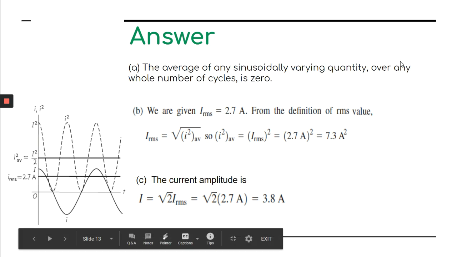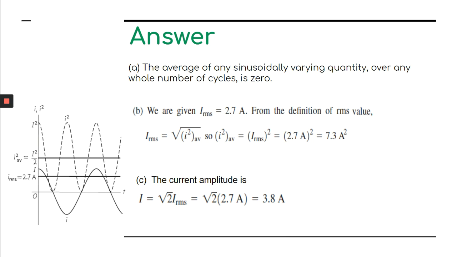So this is a very simple problem. You can work it out easily. Okay. So this is all about the first lecture of chapter 31. Let me briefly discuss what we have covered in this chapter. We have discussed the basic ideas of AC current and AC source, and about the phasor diagram: what a phasor is, what a phasor diagram is, why we use phasor diagrams, and about the RMS value of the current.